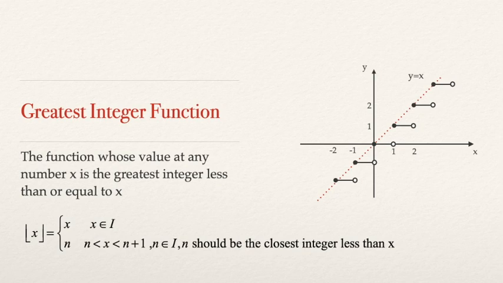And you can see that the function is a staircase type function where there is a break at every integer value, that is piecewise. By seeing the graph also you can tell the domain and range of the greatest integer function.